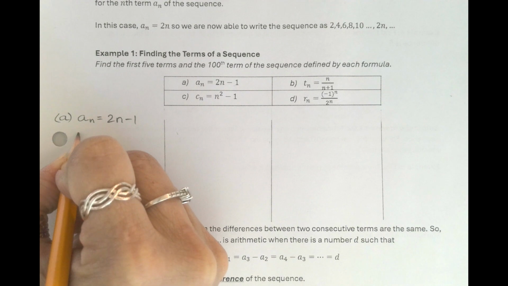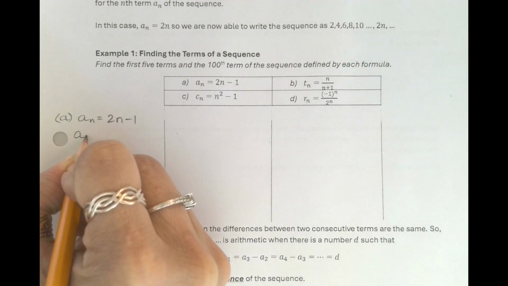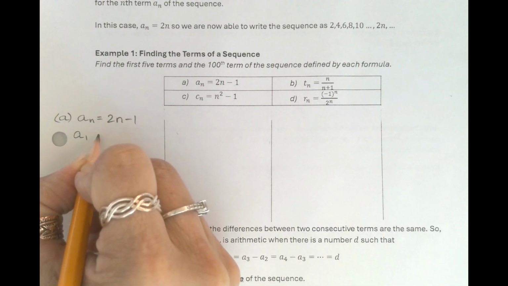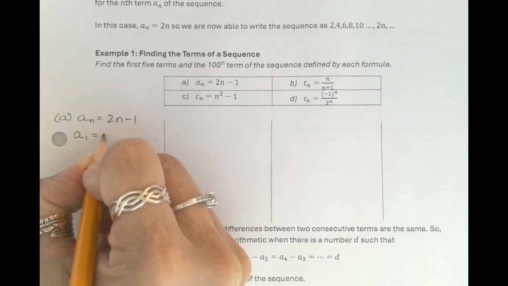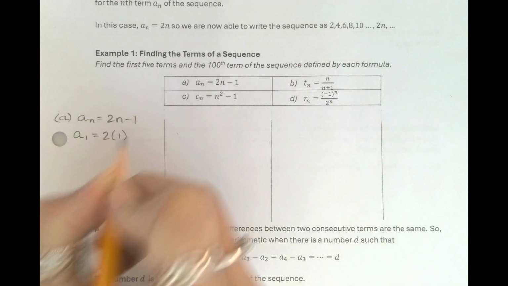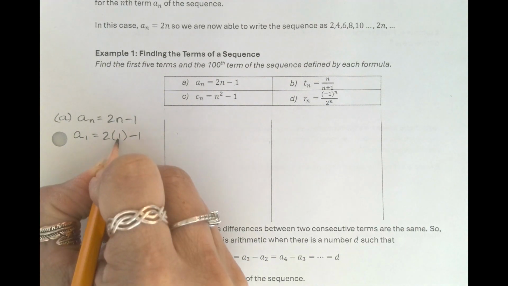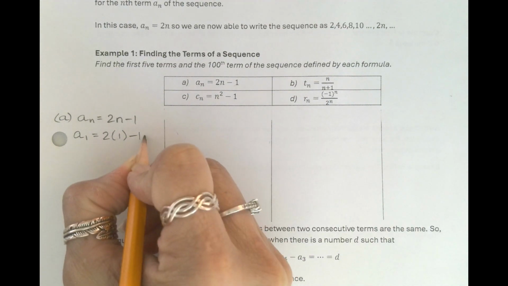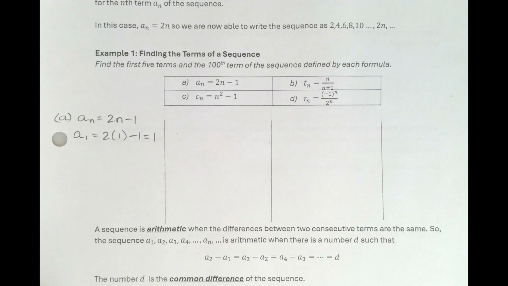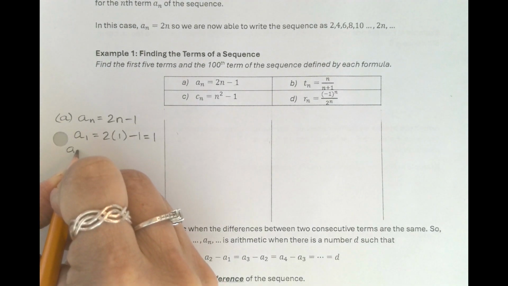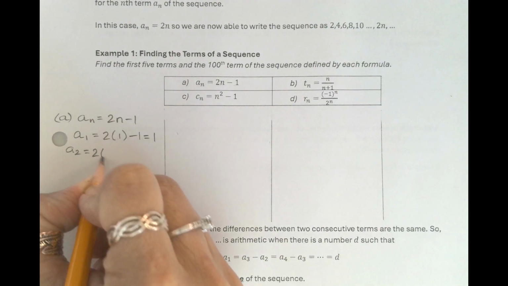If I want to find my first term, a sub 1, I replace n with 1. Therefore, for every n, I must replace it with a 1. When I simplify, 2 times 1 is 2, 2 minus 1, my first term is a 1. I will repeat for the second term.